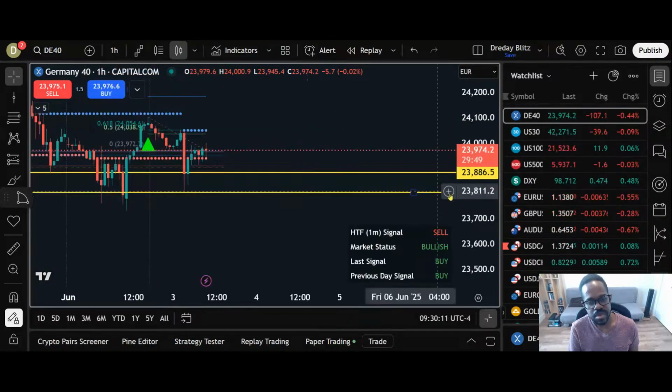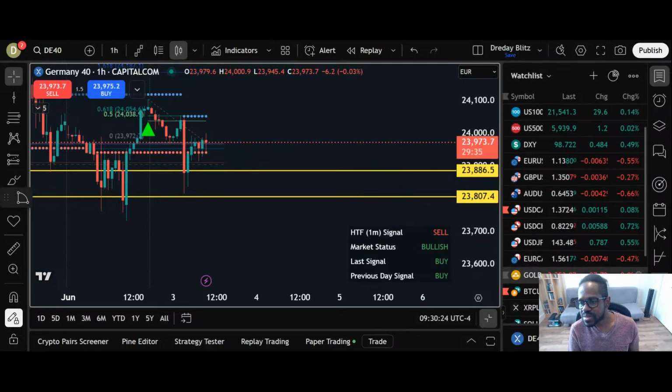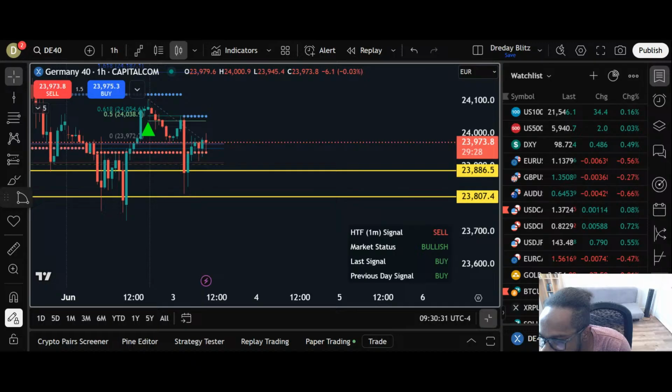So yes, I'm still bearish overall with German. Hope that answered your question, Leon. So I'm still bearish off of German 40 or 30, depending exactly on the one you're looking at.